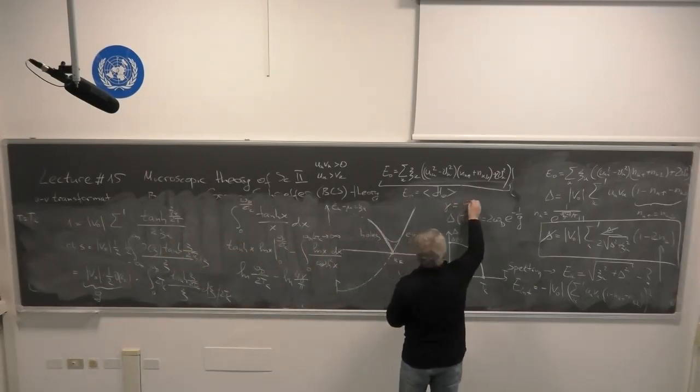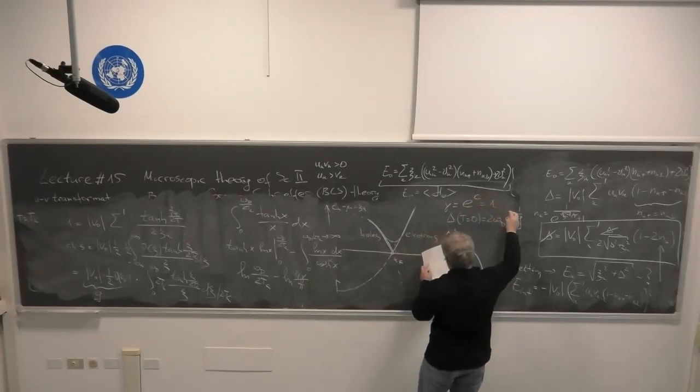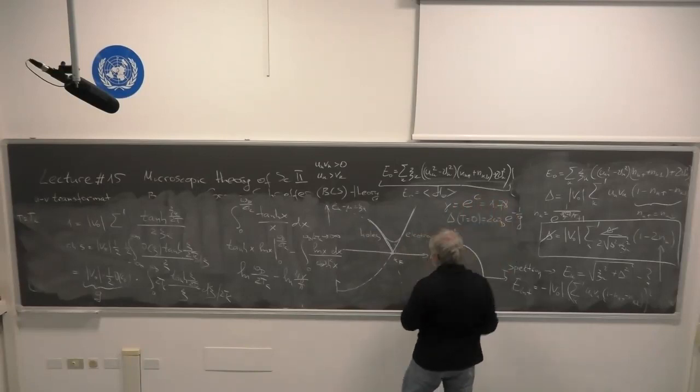This is e to the power c. Sometimes c is called the Euler constant. This is 1.78.